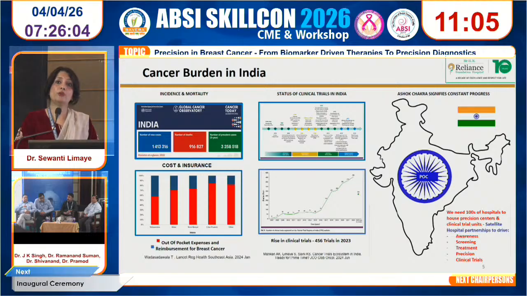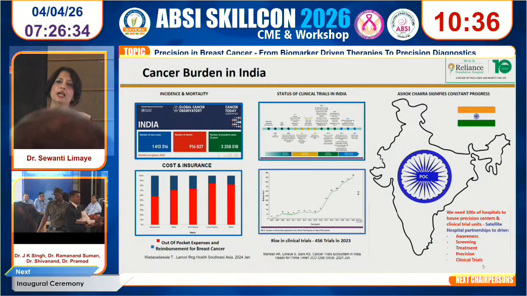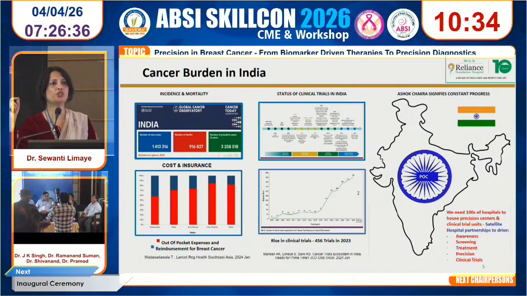But what we really have to understand, accept, and take responsibility for is that all of us working in private centers and corporates should also feel responsible and help propagate the message of cancer care in the community. I know we all are doing that, but my pitch is that precision is that tool with which we can serve in a resource limited setting.